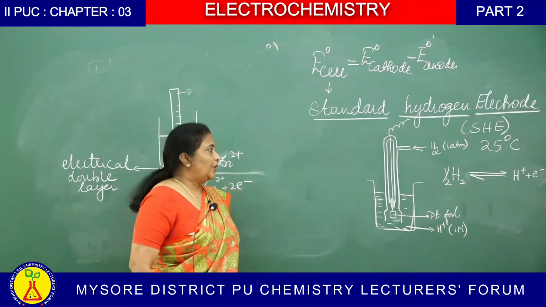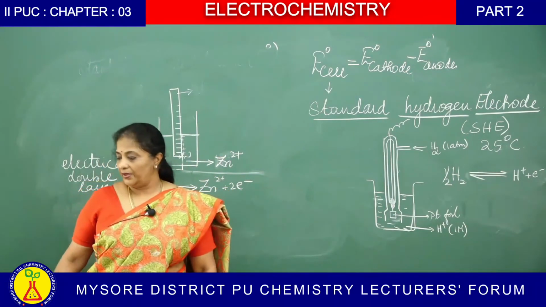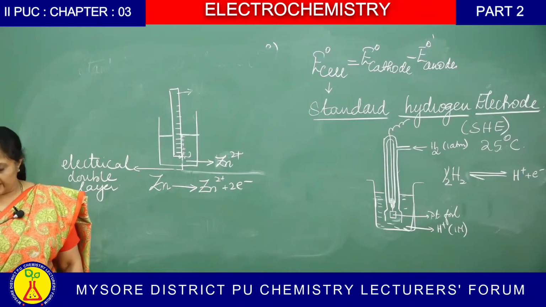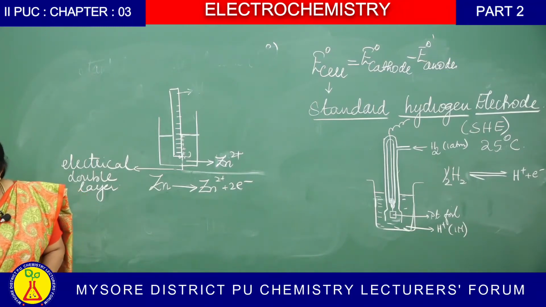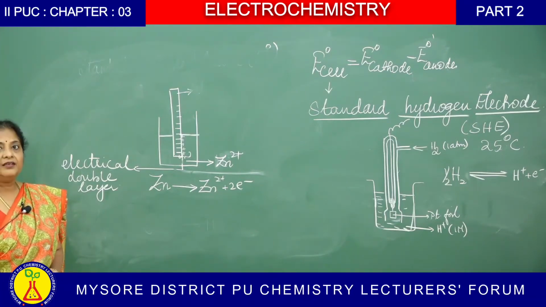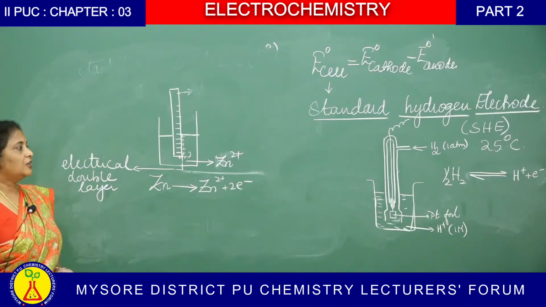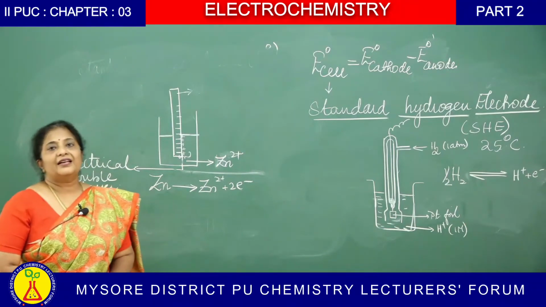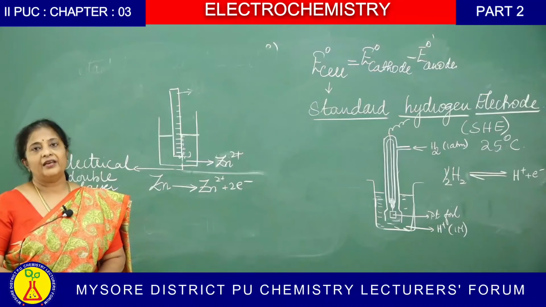If I couple it with zinc, because of the nature of zinc, oxidation occurs at zinc and hydrogen ions get reduced. In other words, zinc will act like the anode and hydrogen is going to act like the cathode.